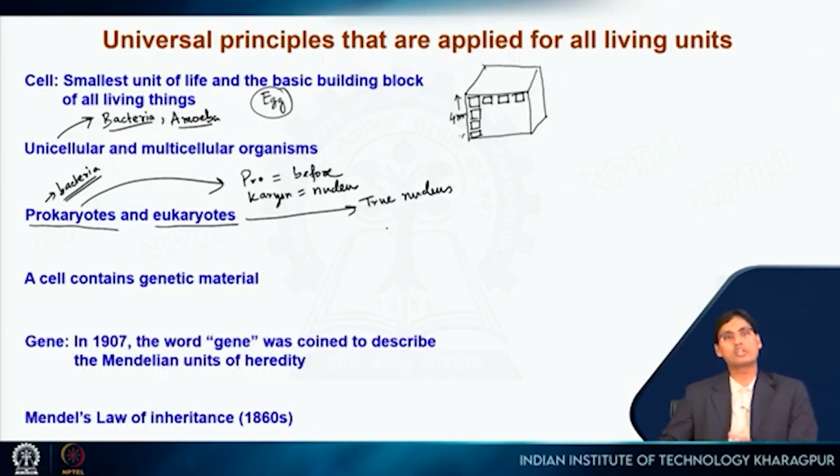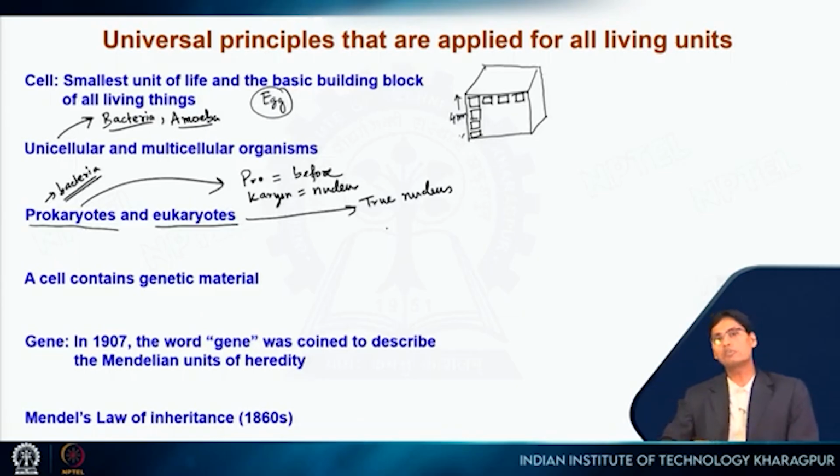Since I started talking about genetic material, we should mention what genetic material is. I will explain in more detail in the next lecture. But all of us know Mendel's law of inheritance. In the 1860s, Mendel discovered so many things about what is coming from the previous generation to the next generation, and based on that, he properly explained the law of inheritance.